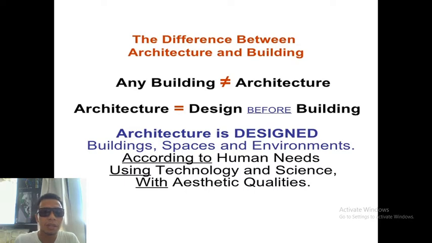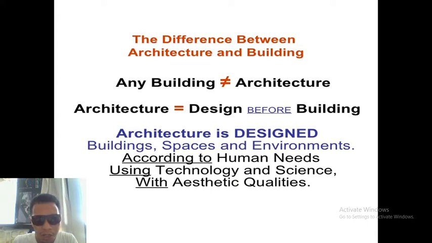So, let me just share with you this slide. The difference between architecture and a building. Not all buildings can be an expression or an example of architecture. But architecture equals design before building. So architecture is designed buildings, spaces, and environments.